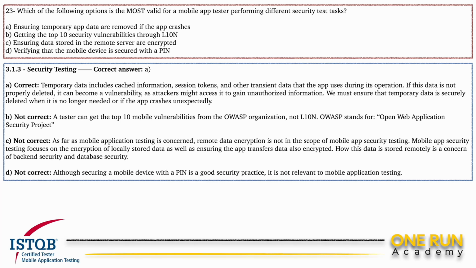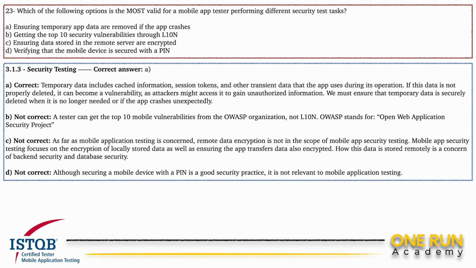Now, if this data is not properly deleted, it can become a vulnerability, as attackers might access it to gain unauthorized information. Therefore, we, as software testers, must ensure that temporary data is securely deleted when it is no longer needed or if the app crashes unexpectedly. This is a key part of mobile app security testing.